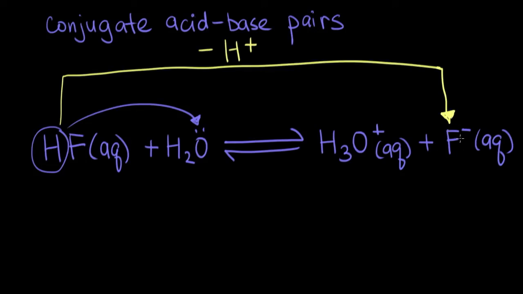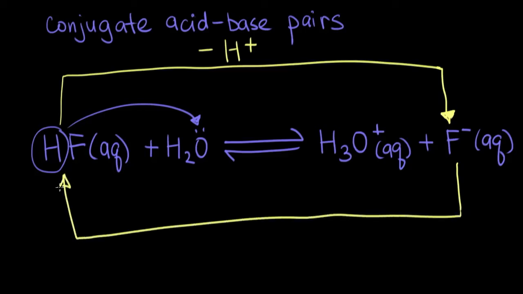And then we can look at that same process happening in the backwards reaction. If we look at the backwards reaction, which is also happening, the fluoride ion can pick up or accept a proton from somewhere. So it can pick up an H plus. So I'll have a plus H plus here. And so when fluoride accepts a proton, we reform our HF.